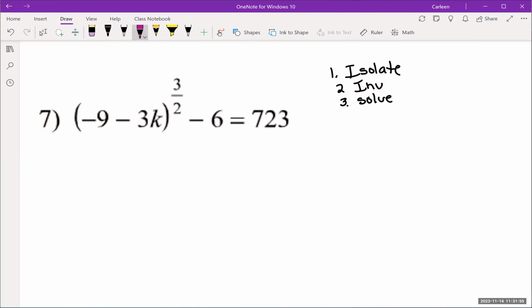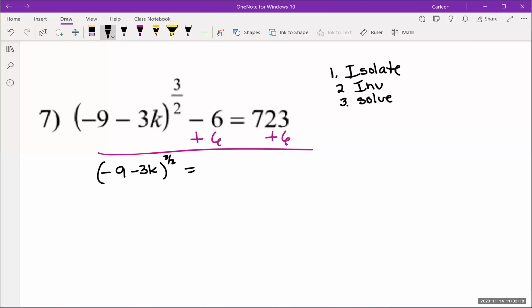Step 1. What would be the, yes, add how much? Okay, because it's the easiest to get rid of. Everything else is trapped inside the parentheses.